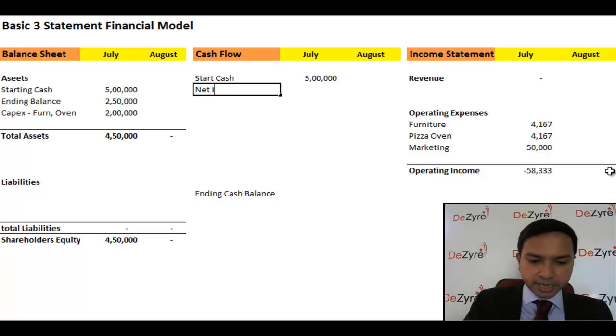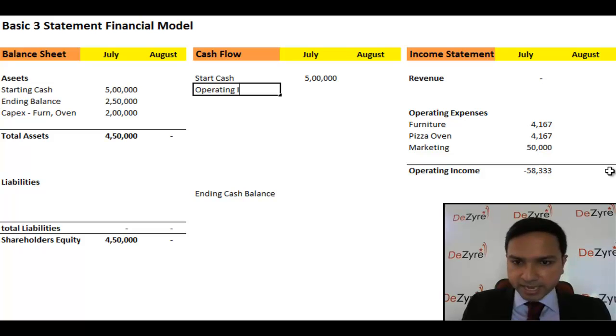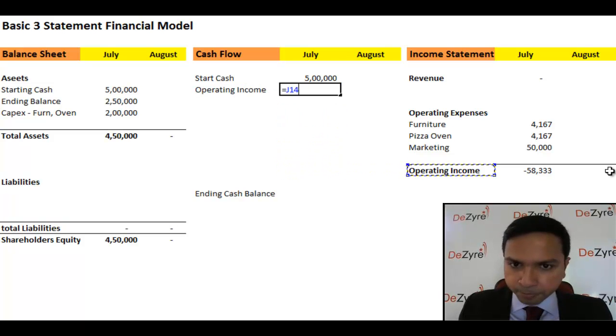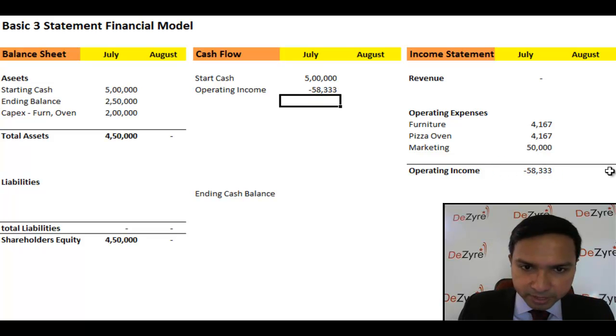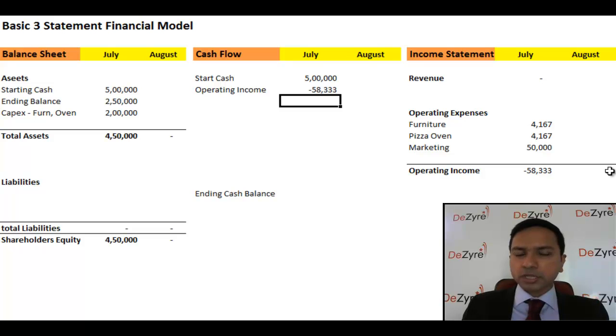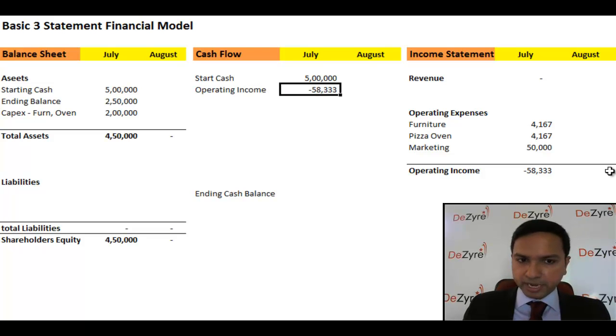Net income, or in this case we're going to add the operating income, because that is the cash that's coming into the company. In this case, it's actually cash leaving the company. So 58,333 is leaving the company. And is that all the cash that's leaving the company? No, right? You look at the balance sheet, you realize you've spent 2 lakhs buying your furniture and pizza oven.